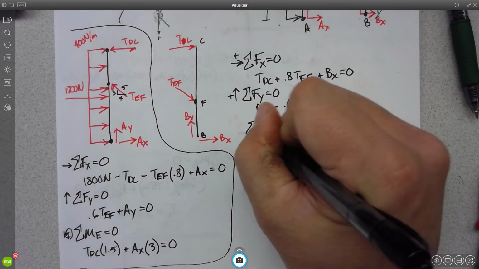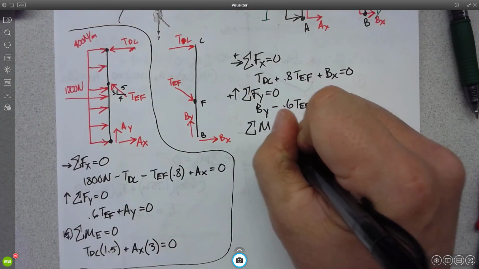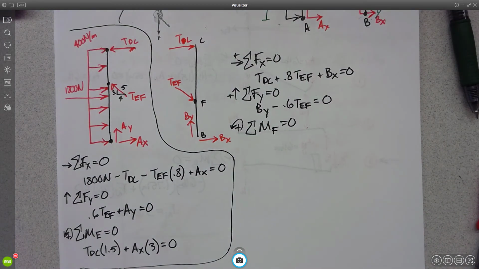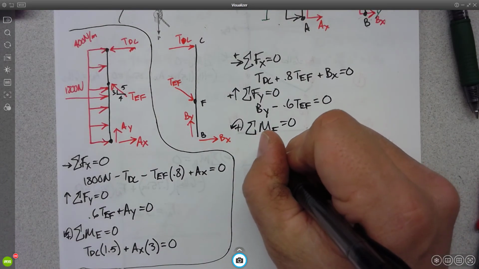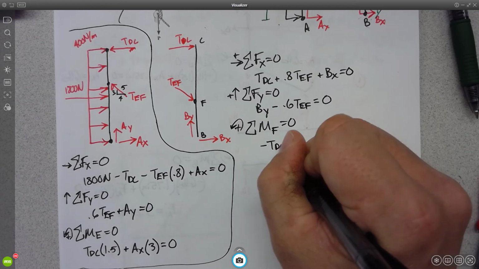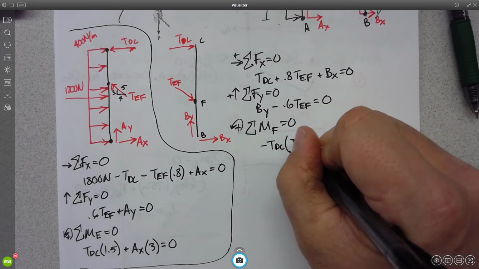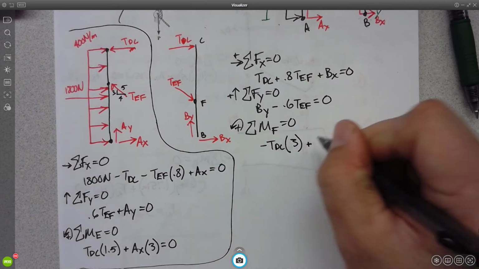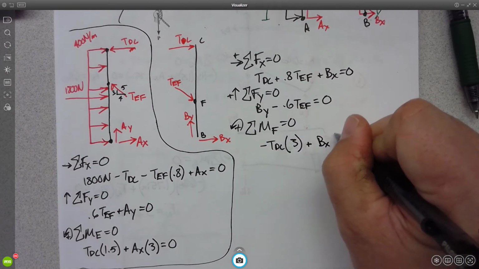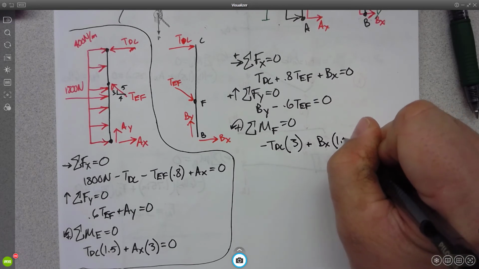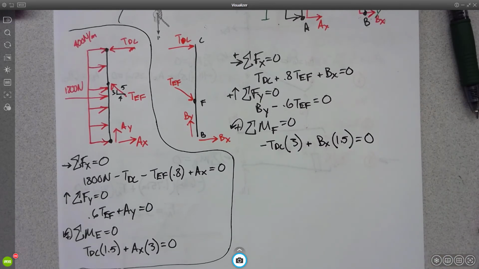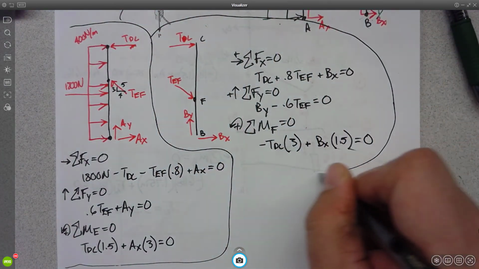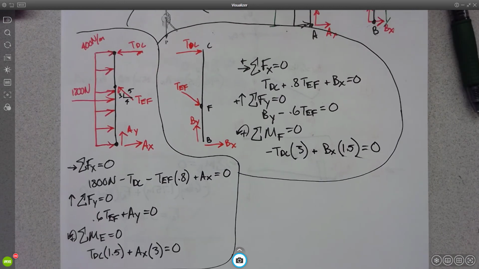And we'll sum our moments. I'm going to choose F this time, same reason as last time. I'll have negative TDC times 3 plus BX times 1.5 equals 0. So then those three equations go with that one.